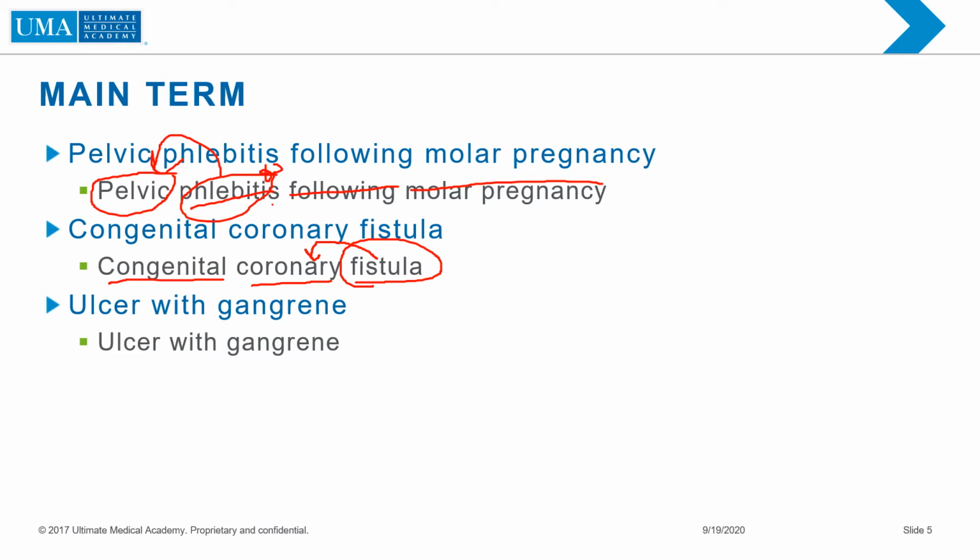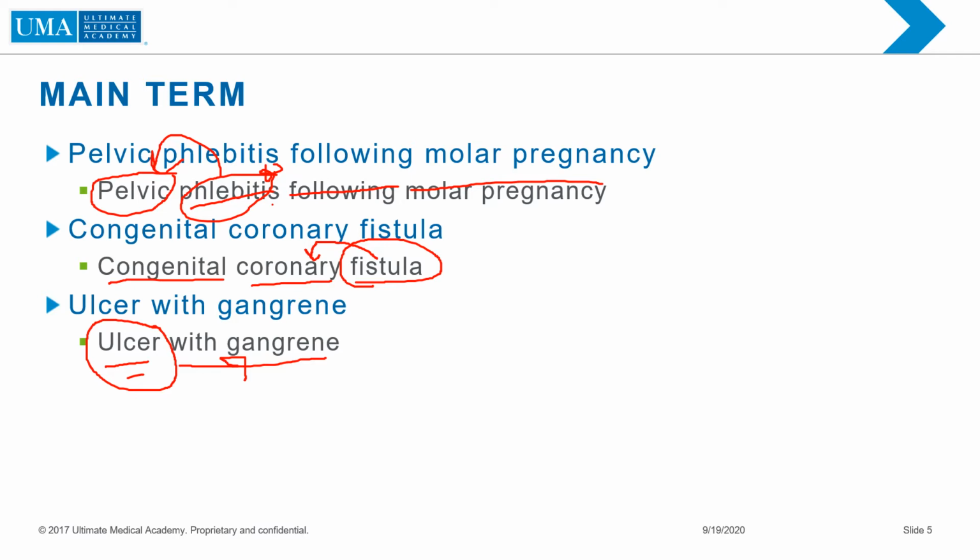So in our next example, we have ulcer with gangrene. Gangrene is the condition, and ulcer would be our main term because the ulcer is what has gangrene.